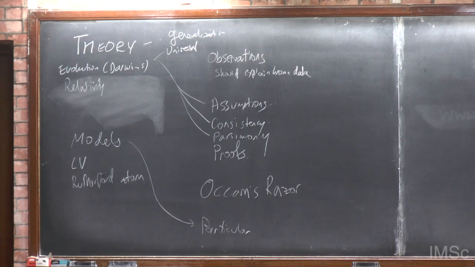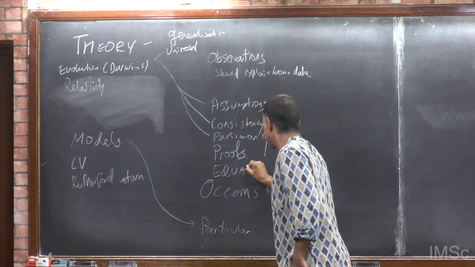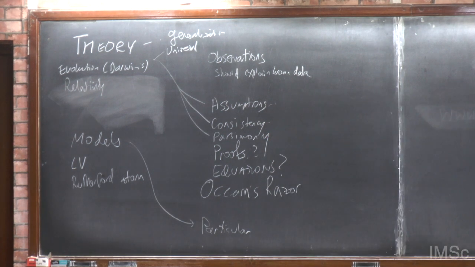Let me sharpen the question. Can you specify your model without using equations? Let's put equation somewhere, with question marks next to those things. So can you specify a model without equations?